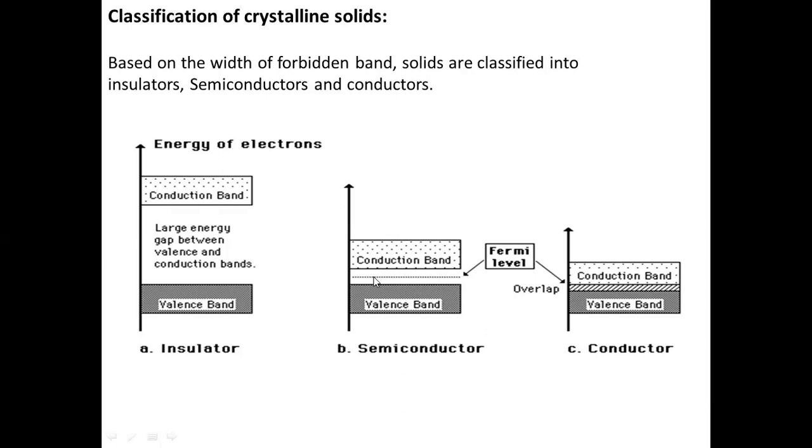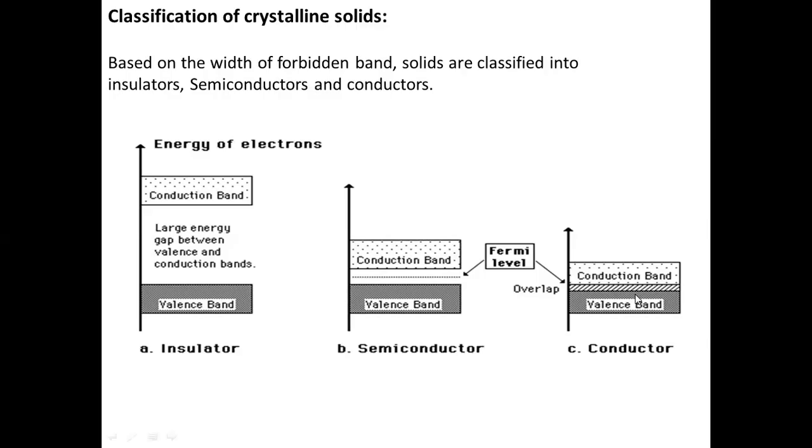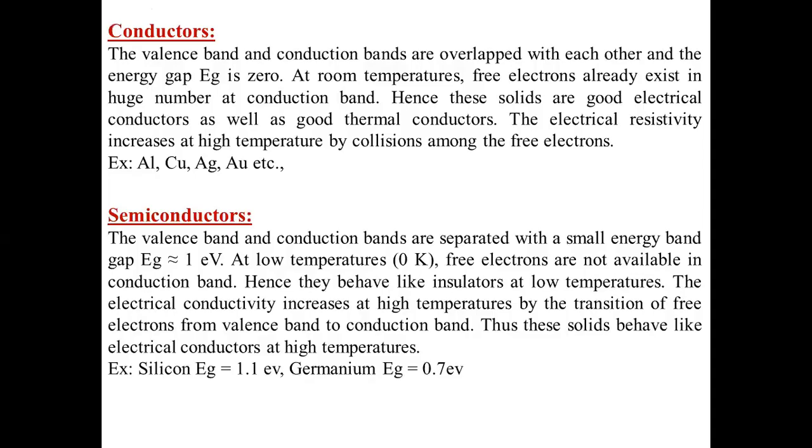In the case of conductors, the conduction band and valence band overlap with the Fermi level. Very little energy is sufficient to excite electrons to the conduction band in this case. So we are done with this chapter.